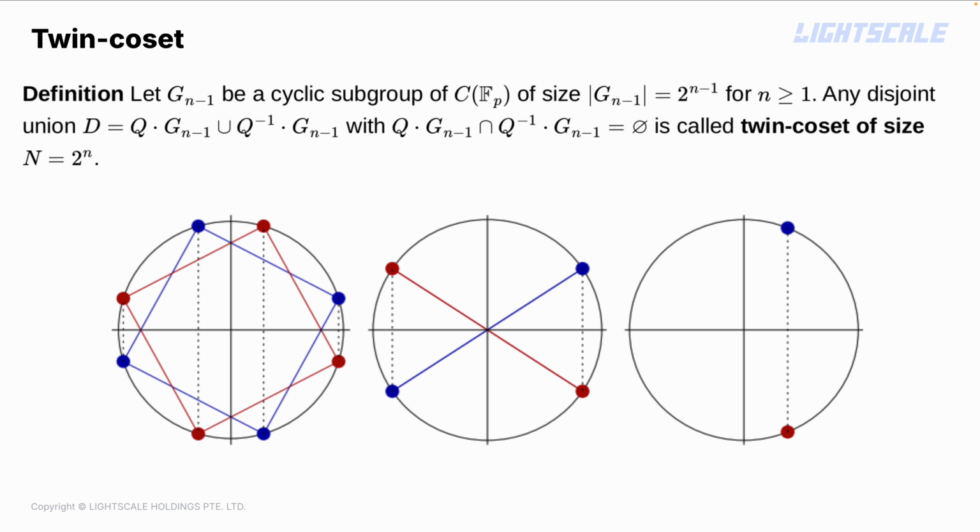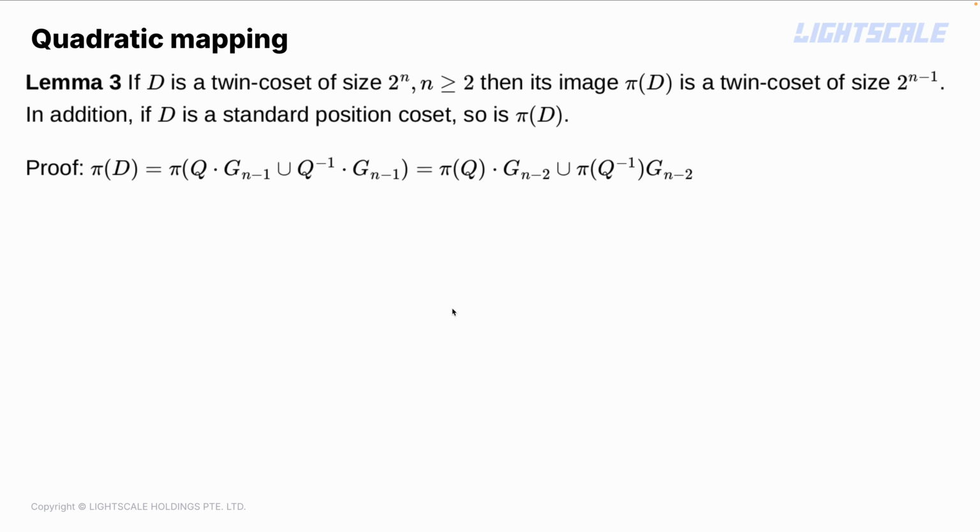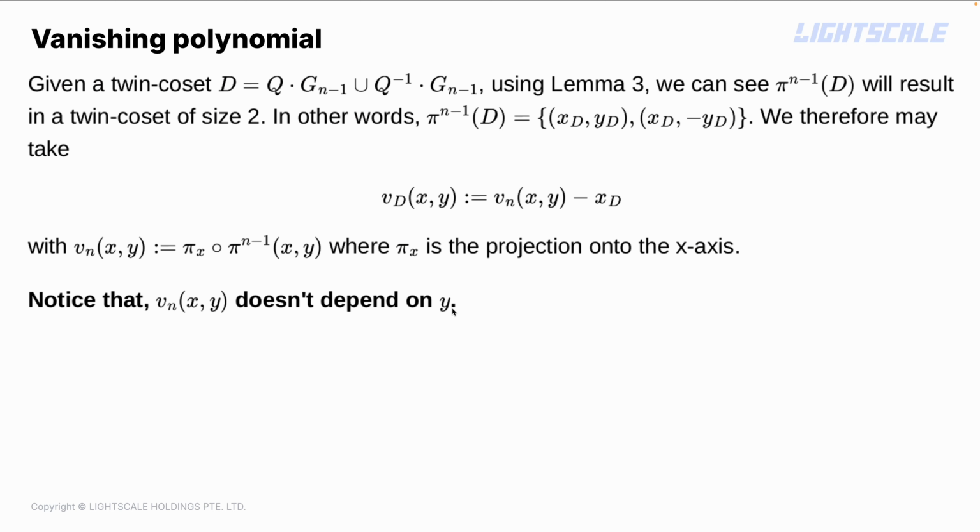The red, blue doesn't really matter because this is just a whole set, all 4. The twin coset is just all 4, so we don't really care about that. Okay. So the reason it goes to a twin coset of 2 is because that case is the only case where xd, yd and xd, minus yd will hold.